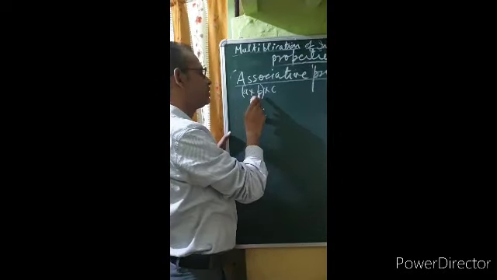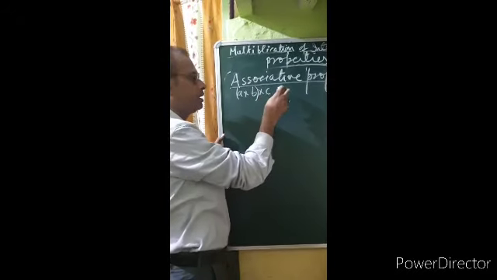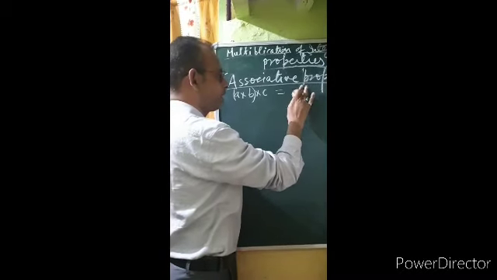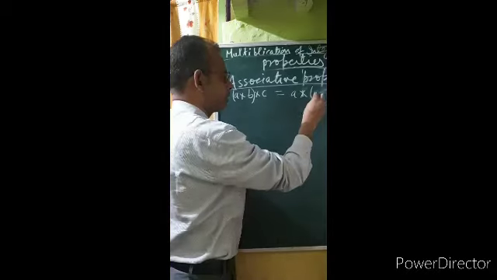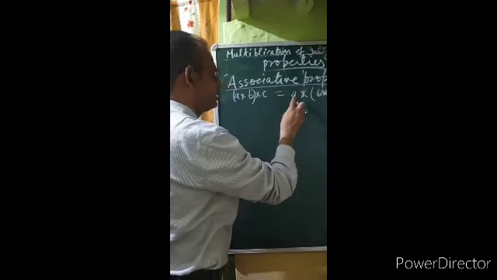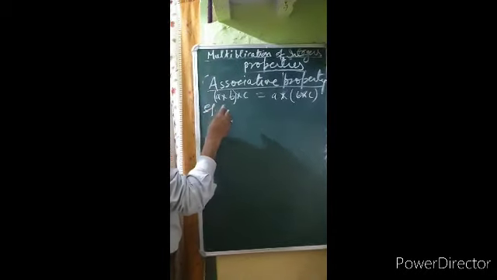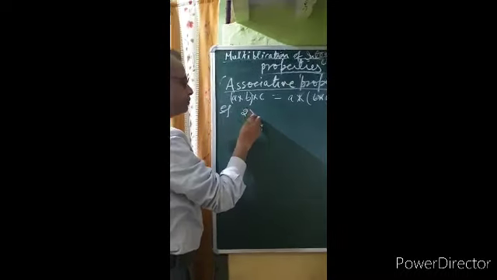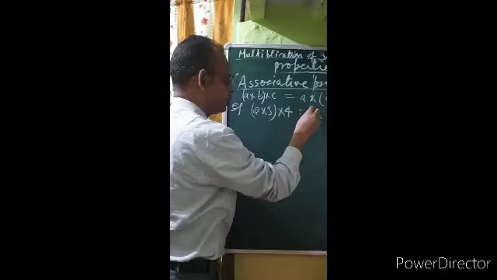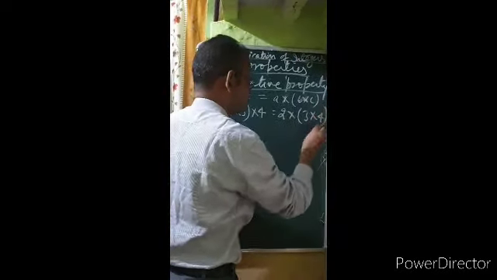Now here, A into B is multiplied, and their answer is multiplied with C, or else A is multiplied by the product of B and C. In this case, both answers are the same. For example, 2 multiplied by 3 multiplied by 4, or 2 multiplied by 3 multiplied by 4.